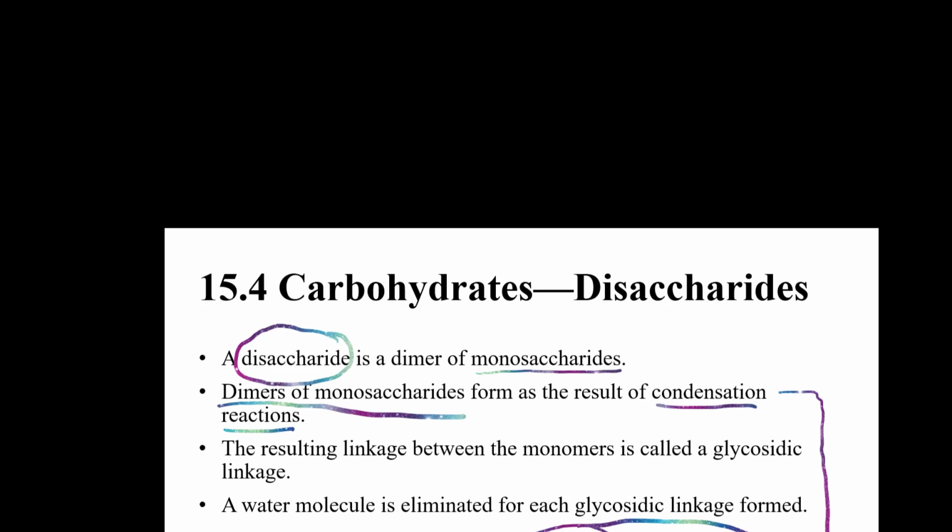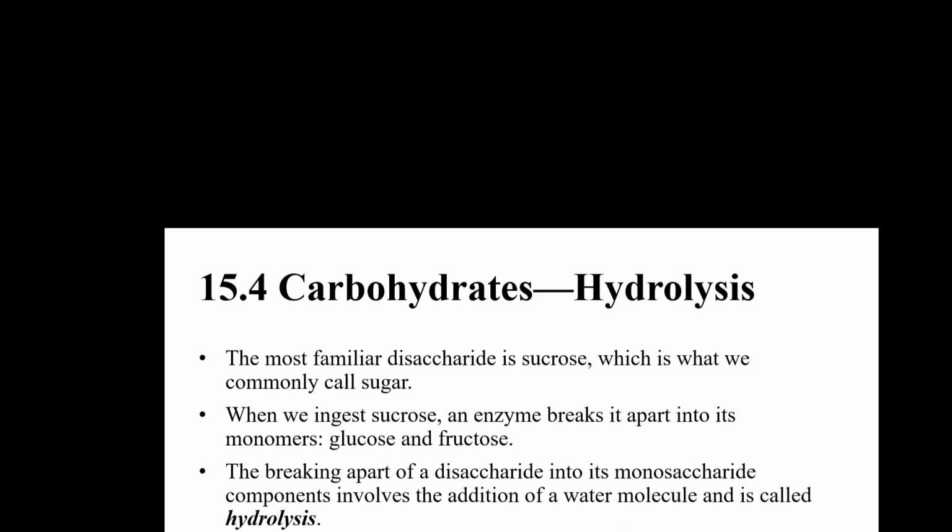All right, so the opposite can happen. We can also take a disaccharide and break it apart into its monosaccharides. This is what happens when we digest sugar. A disaccharide that we all know is sucrose. We also call that common sugar, right? When we ingest the sucrose, we have an enzyme that breaks apart the disaccharide into its monomers, glucose and fructose.